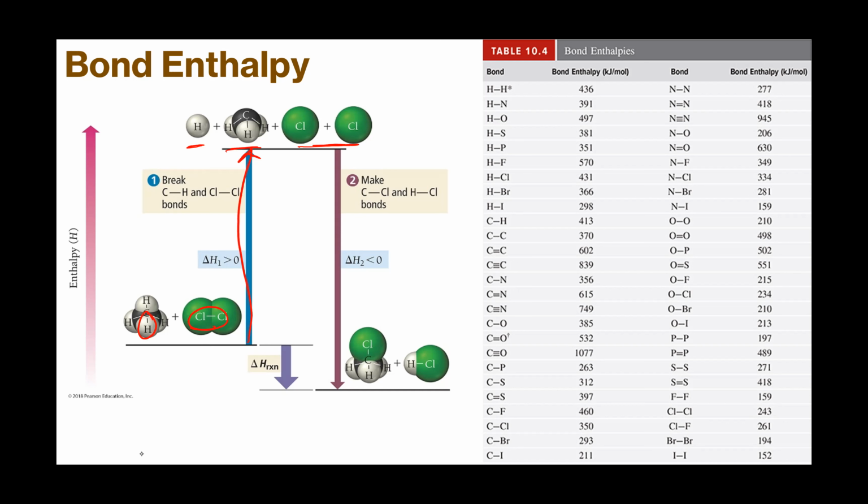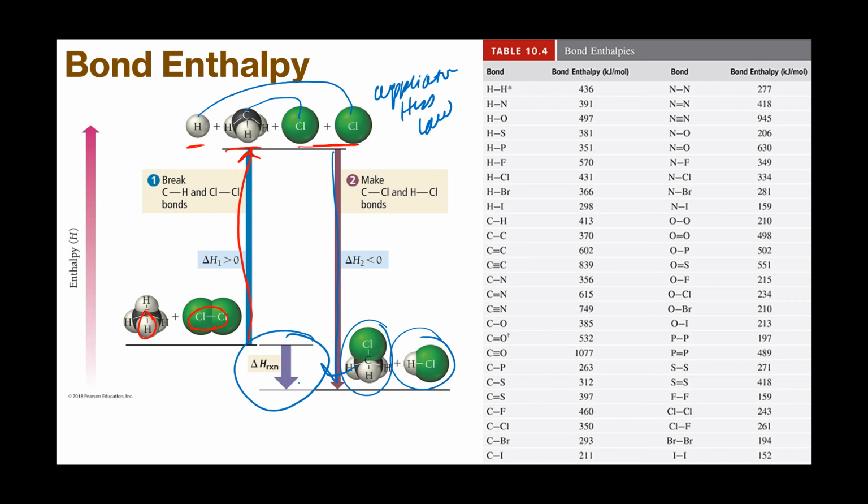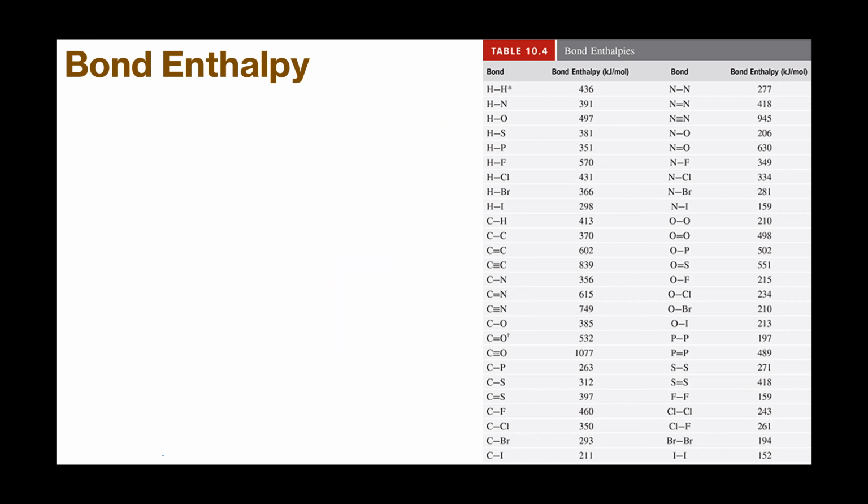And then we're going to get energy back out by forming a bond here and forming a bond there to make methyl chloride and HCl. Again, this is another application of Hess's law, and the delta H of reaction is going to be the sum of these things that happened. All right, so let's take a stab at this.